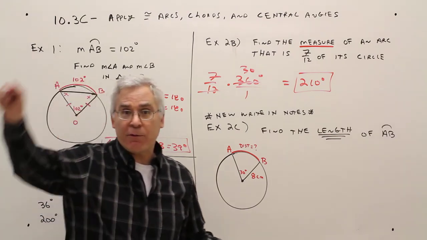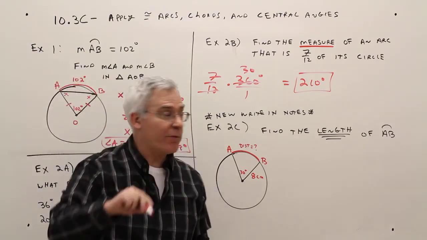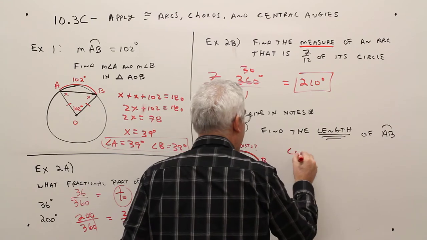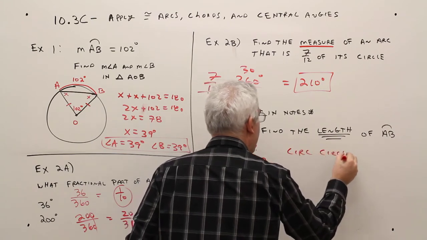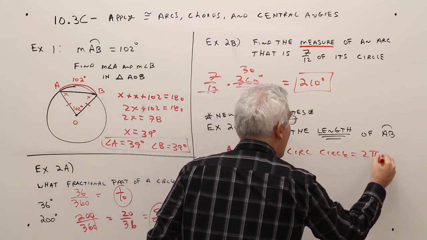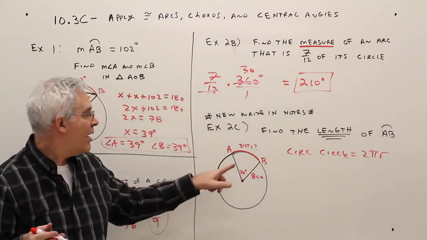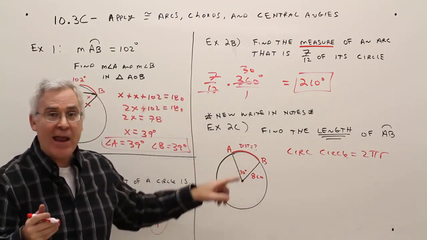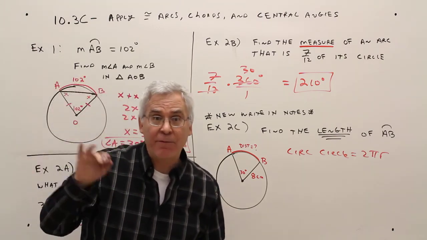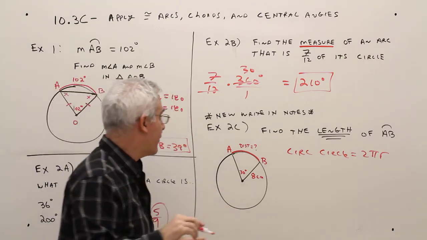So what you need to know is the formula for the circumference of a circle. So the circumference of a circle equals 2 pi r, or pi d, but 2 pi r is easier. And then this length is just going to be a fraction of that whole circumference.